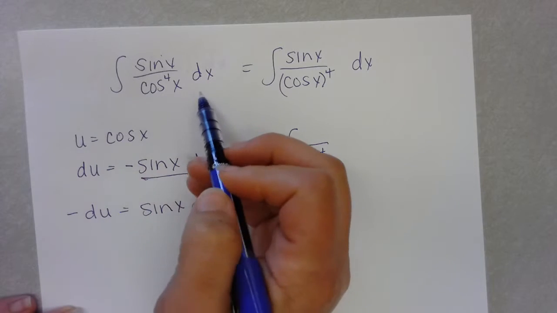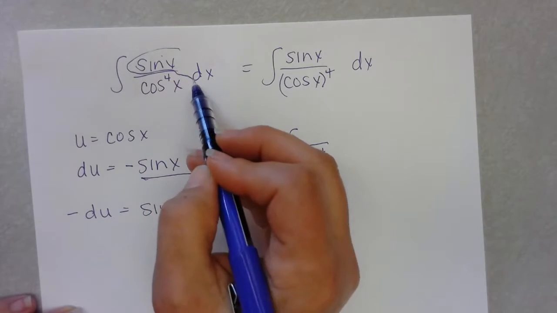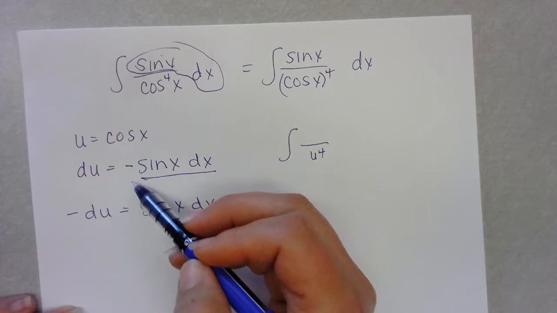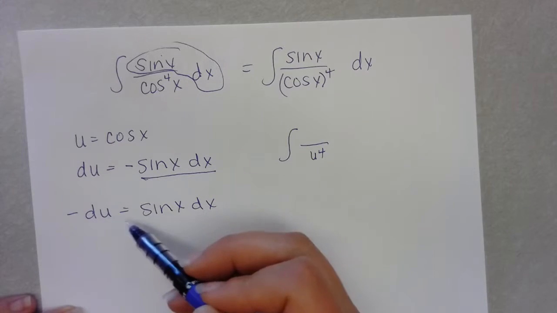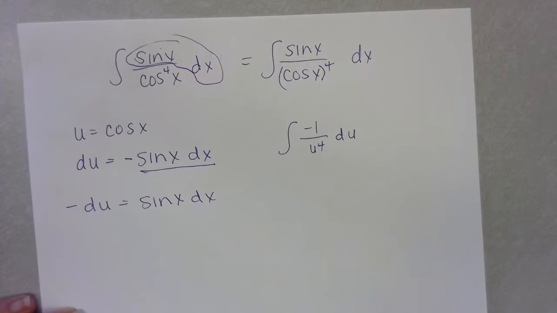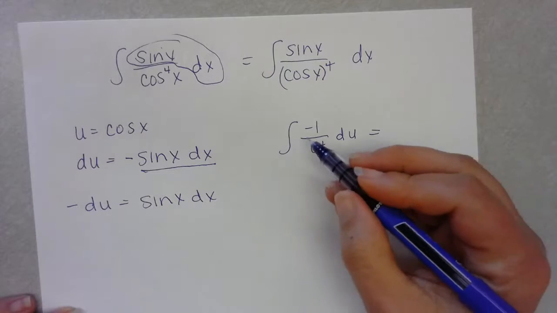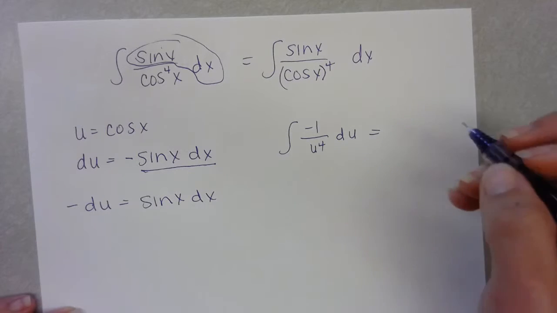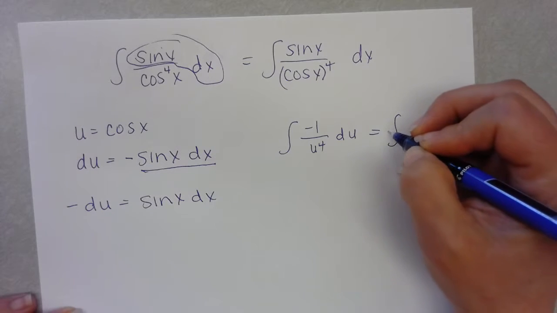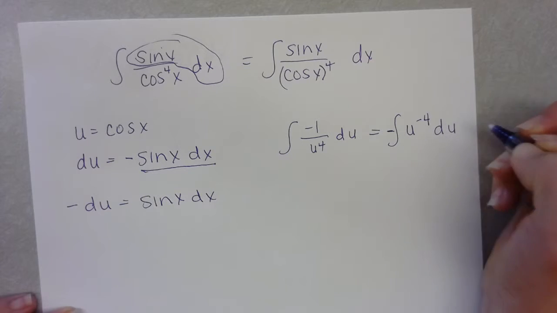So I have u to the fourth because that's down here, that's just my cosine. And then for sine of x dx over here, I'm going to replace that with negative du. So basically I'm going to put a -1 here and a du. So now if I rewrite this, because now I have a power in the denominator, and in order to use my power rule, I have to rewrite it as the integral of, I'm just going to put the minus sign outside, u to the -4 du.